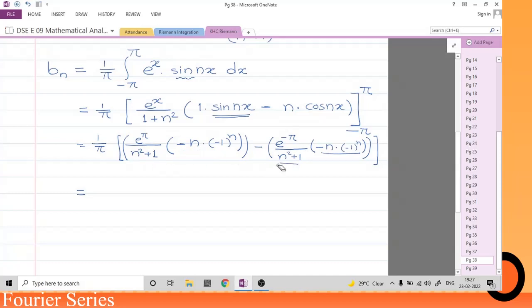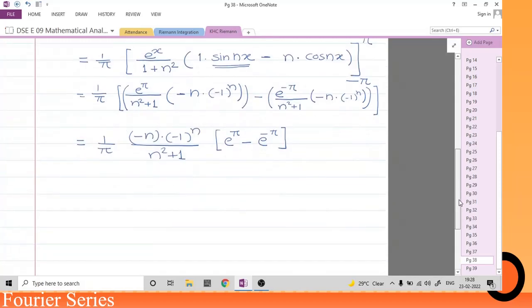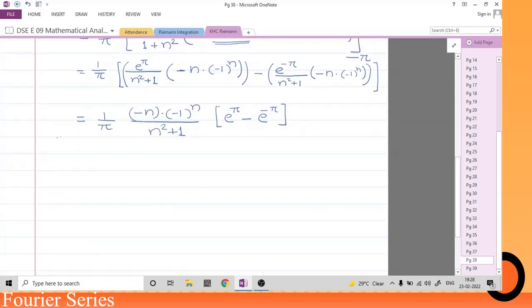So let us again take common outside and simplify the remaining part. Minus n times minus 1 raised to n upon n square plus 1, and when you take this common, again we get inside the bracket e raised to pi minus e raised to minus pi. You can take this as your answer for Bn, or you can also simplify like this, 1 upon pi.